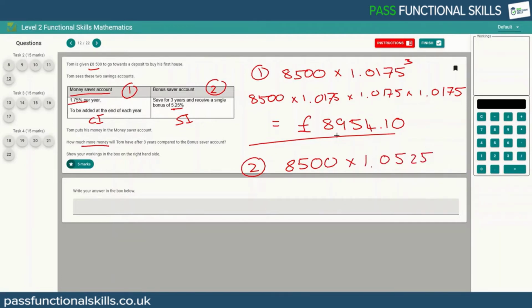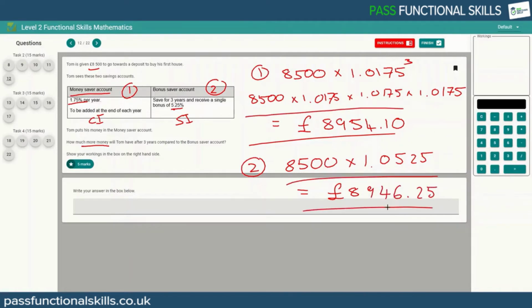And it's just a one-time lump sum. So plugging that into the calculator, we get the value is £8,946.25.